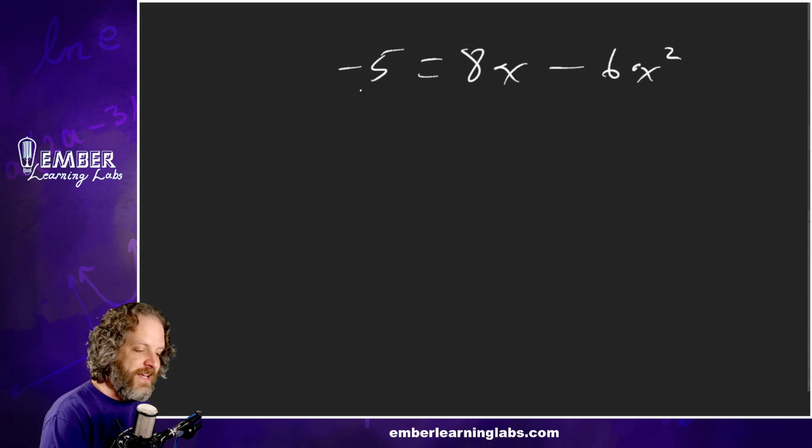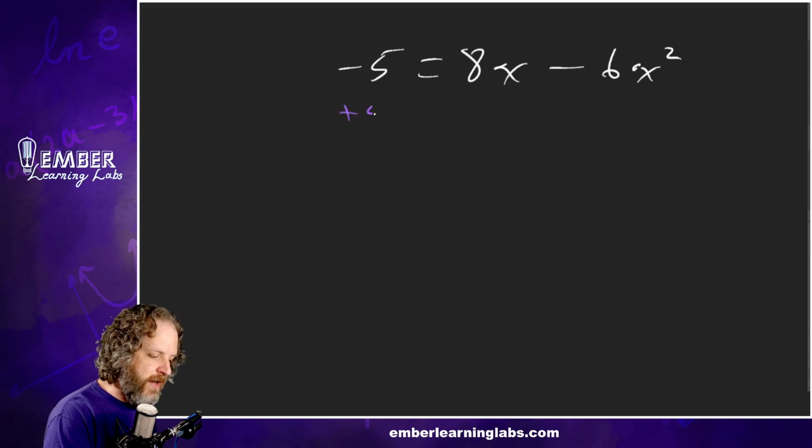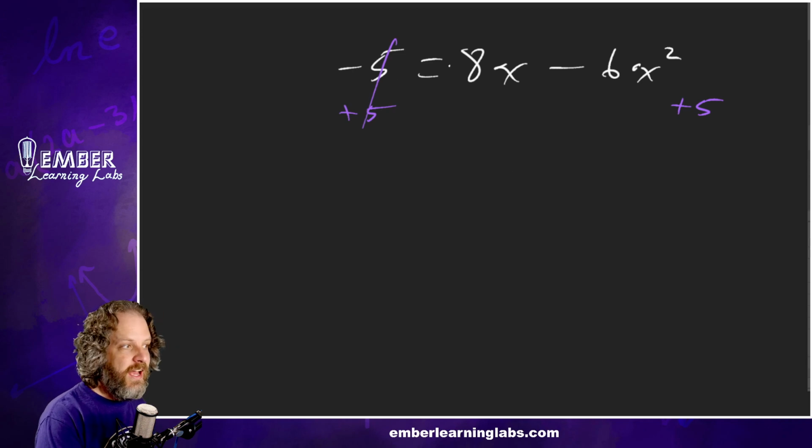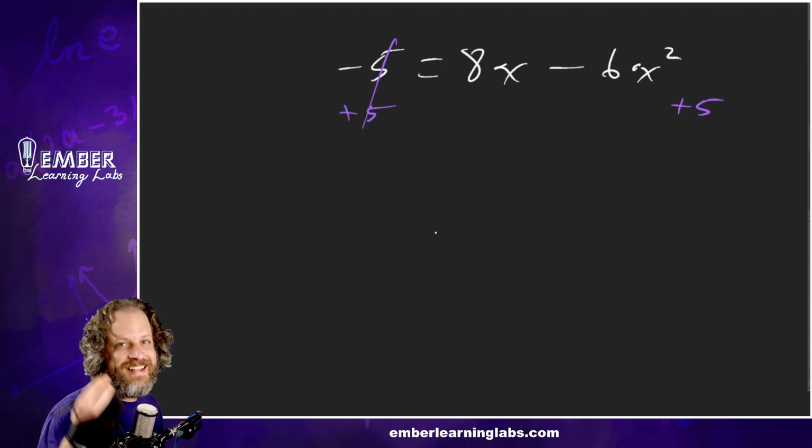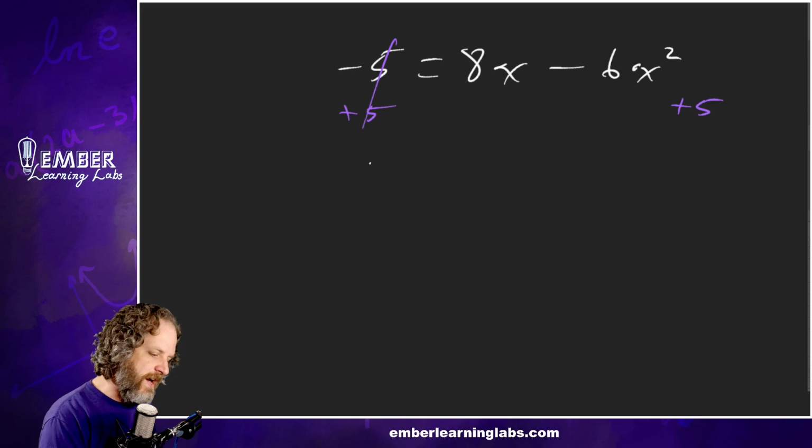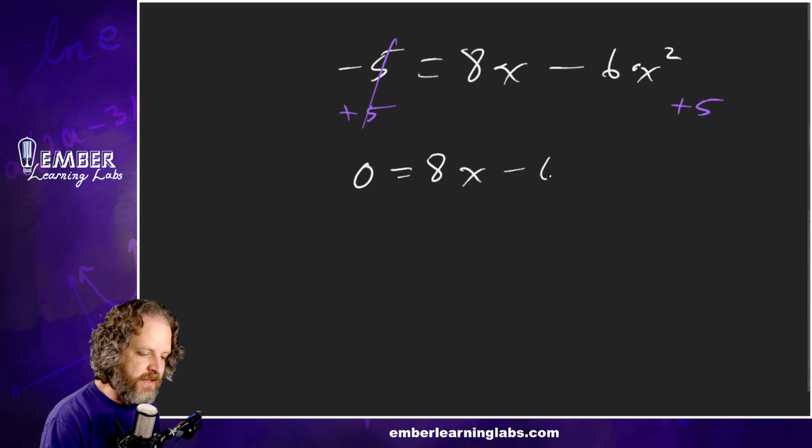We're going to get this -5 over here with everything else, so we're going to add 5 to both sides. -5 plus 5 is 0. So we've got 0 equals 8x minus 6x squared plus 5.